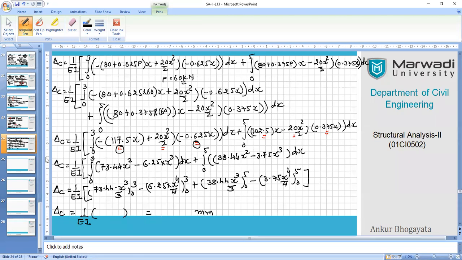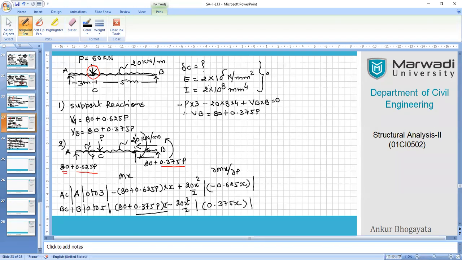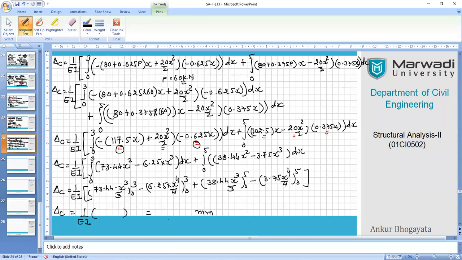And then we'll simplify it for the final answer in mm with the help of the EI value. So for your help, I will write down the EI value. 2 into 2, 4, 8 into 5, 13. So 4 in the denominator, I will be writing in advance 4 into 10 raised to 13, and whatever you give me as the answer I will write here, and then we'll obtain the final answer in mm.